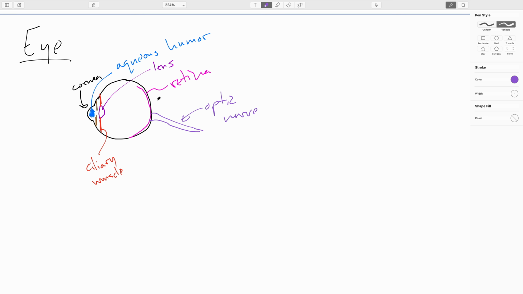If I remember correctly, about 1.3 million nerves are connected to the rods and cones on the retina to provide image data that gets sent down the optic nerve.